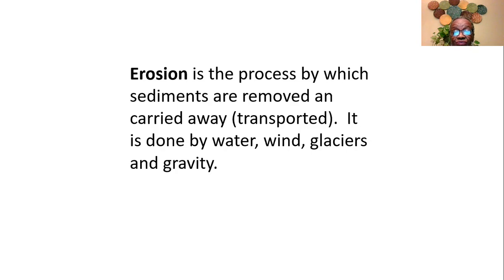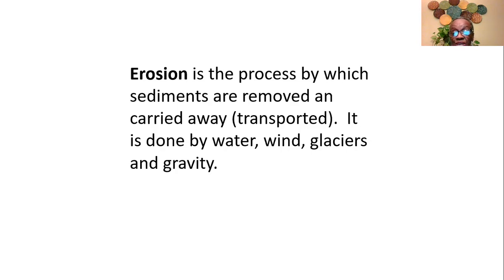And when they do, we say that that's erosion, because how erosion differs from weathering is that the sediments are removed or transported or they're carried away. So they're moved from the top of the mountain or wherever they are to another place. That's erosion. That's done by water.